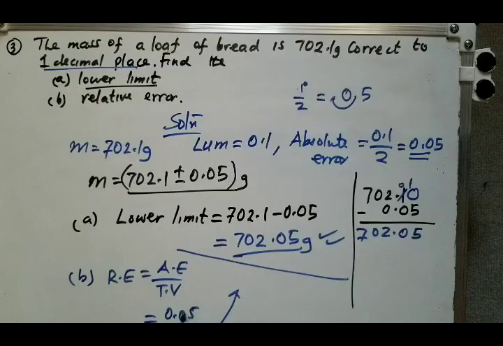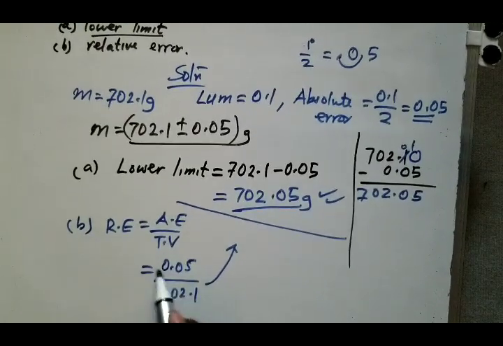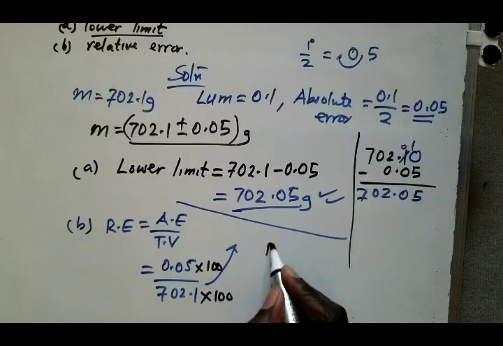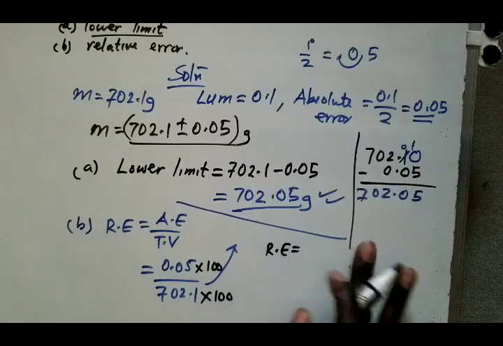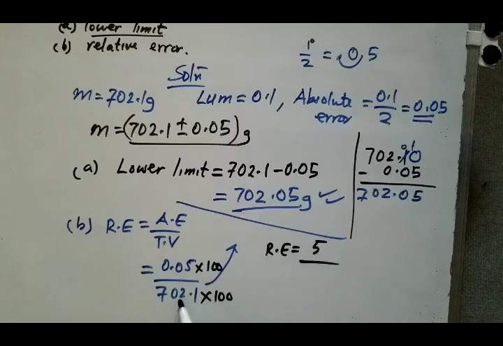This one is to 2 decimal places, this is to 1, so you multiply by the highest, so that's by 100. So the relative error will be equal to on top I'll have 5 over here, I'll push it twice in front, so I have 7021 and a 0. So this is what I'm going to have there.